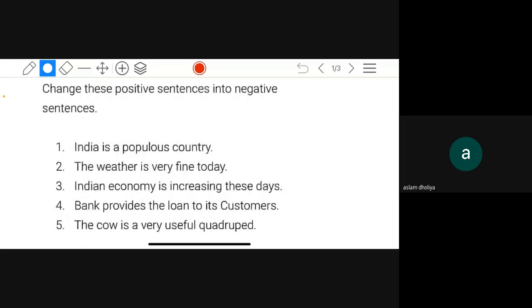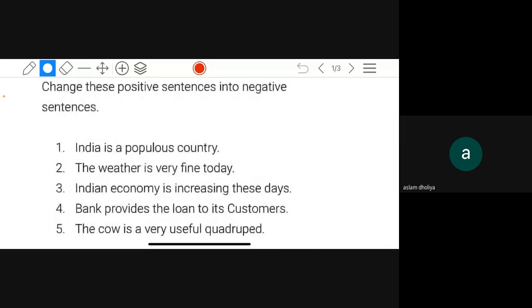Change positive sentences into negative. Affirmative to negative, or positive to negative, you can say. So, number one, India is a populous country. Whose mic is on? Anyone?